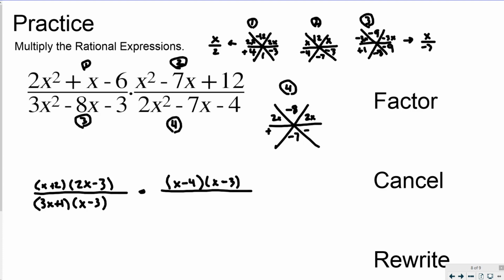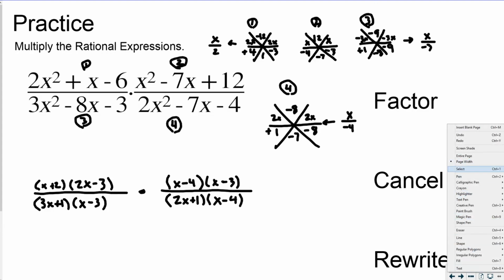And then if I did 1 and 8, I will get -7. So 2x plus 1 cannot be simplified. But I can simplify this one here to be x over -4 because I can take out a 2 from the top and the bottom. So it'd be x minus 4.